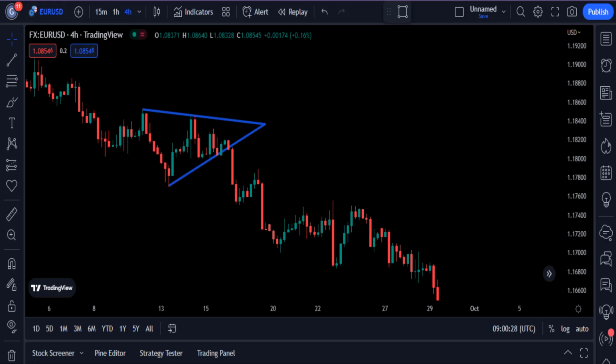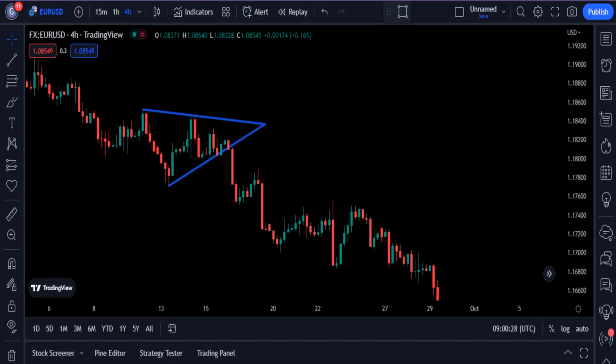So the psychology behind the formation of the triangle is that there is balance between the buyers and sellers in the market. So when you see a symmetrical triangle form in a downtrend just like this, then you should look for a sell breakout.